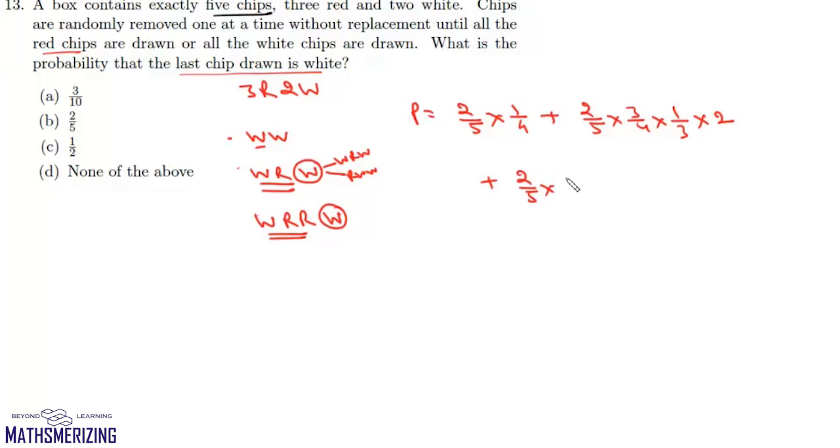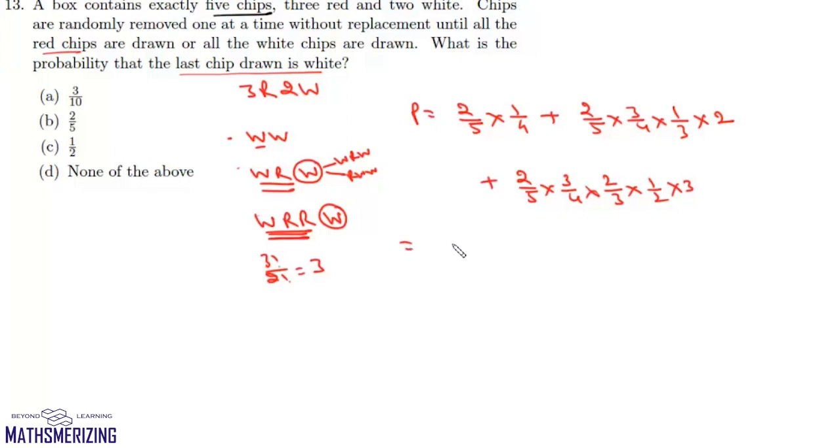here it will be 2 by 5, 3 by 4, 2 by 3 into 1 by 2, and here we have factorial 3 upon factorial 2 possible combinations of WRR, so it will be 3, so we have to multiply it with 3.